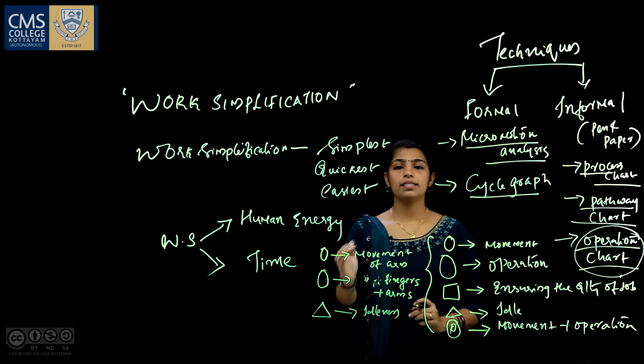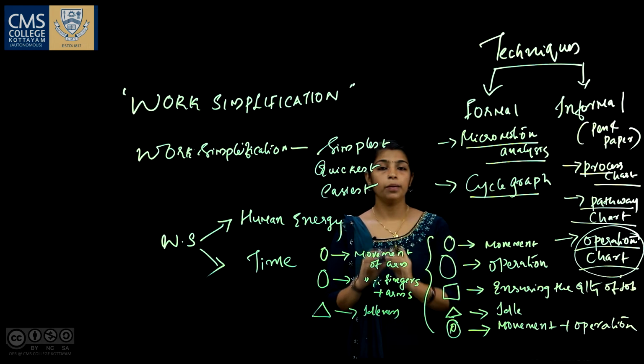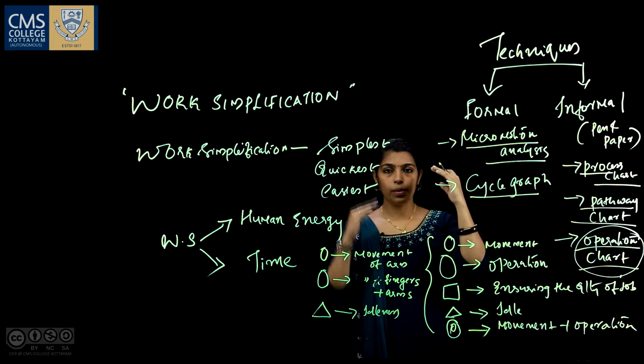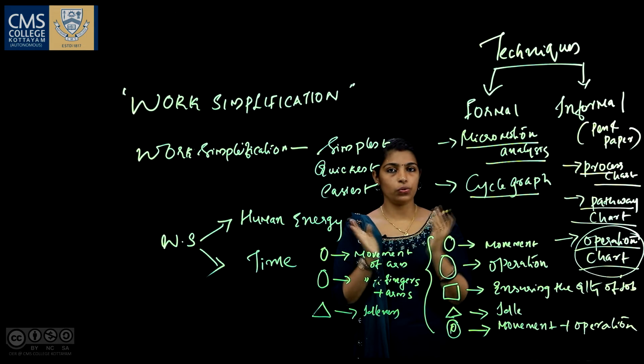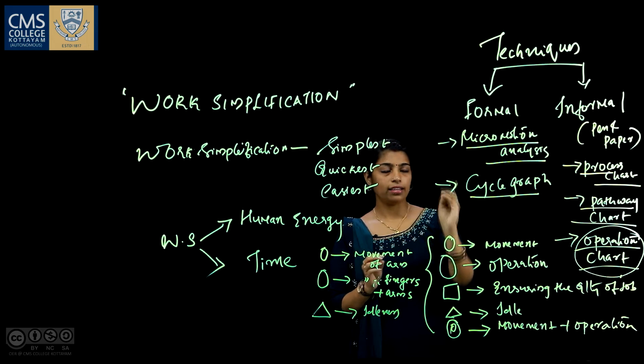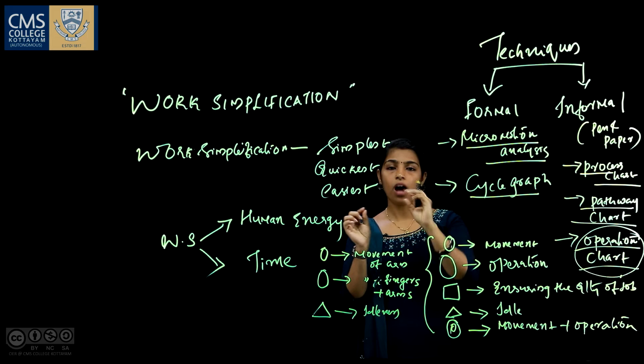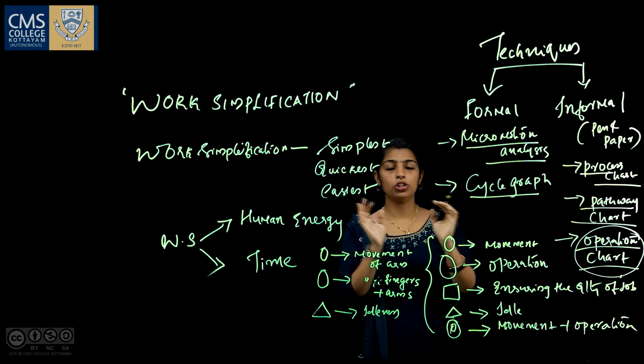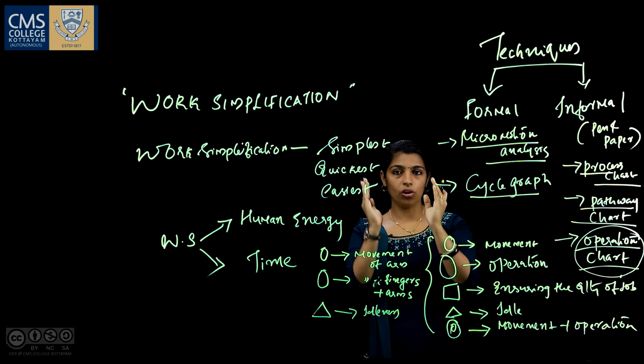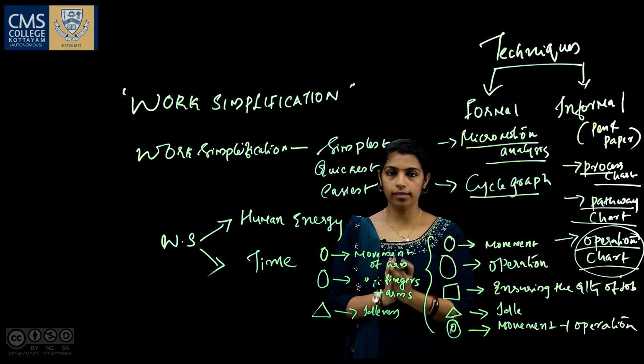So, these three symbols are used to depict the movement of hands, that is the movement of left and right hand together. Rather than the process chart, these symbols will depict how the hand is moved, or the motion through which the hand has gone while carrying out a particular task.